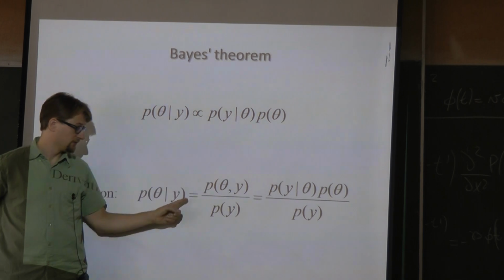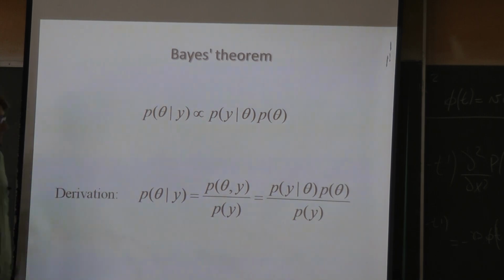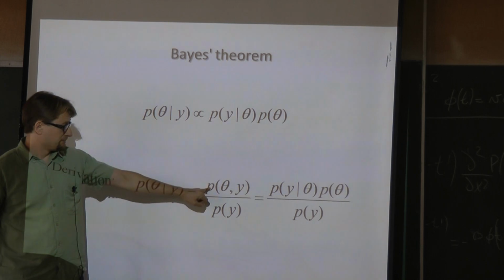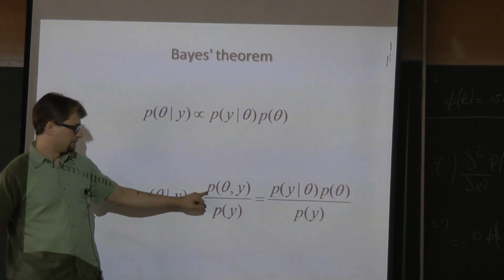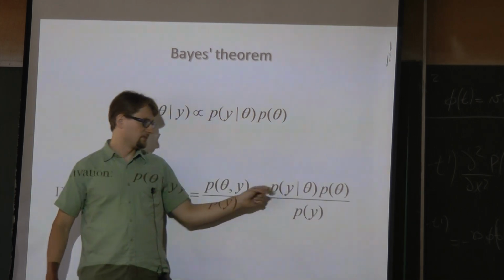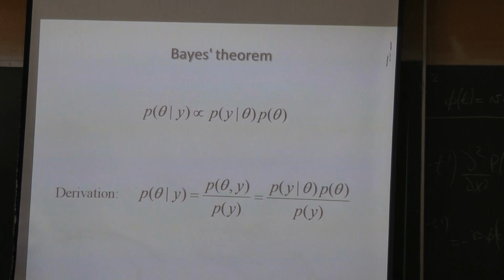So this first equality comes simply from the definition of the conditional probability. And then I just split this in another way. I write that this is the probability of theta times the probability of y given theta.